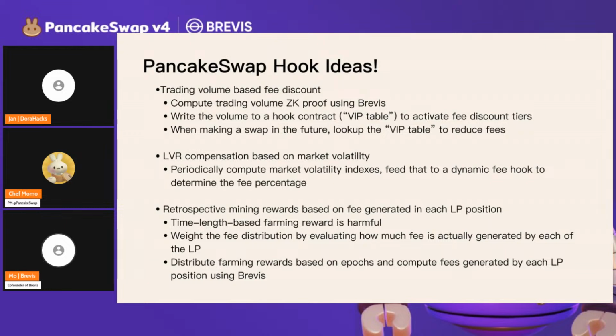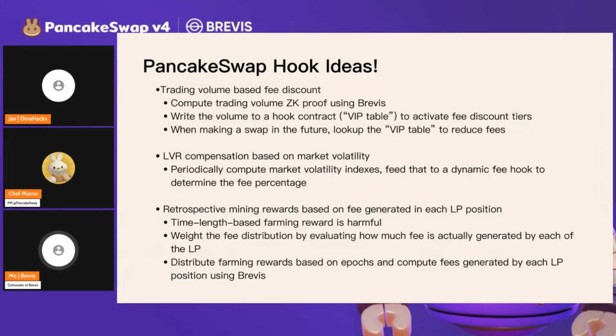Another example is LVR compensation based on market volatility. We all know what LVR is, and we know this is hurting the yield of the passive liquidity providers in AMMs. Because sometimes the market can be volatile, and because of centralized exchange to decentralized exchange arbitrage, you actually lose a lot of value on the fly due to the fact that you're not capturing the market volatility.